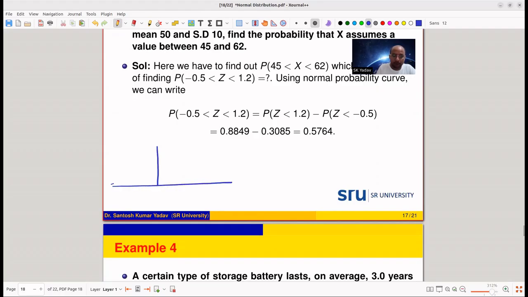We have here this normal curve. So z equal to 0, and then I have z equal to 1.2 here, and on the left side we have minus 0.5. So this is the required area you have to obtain.